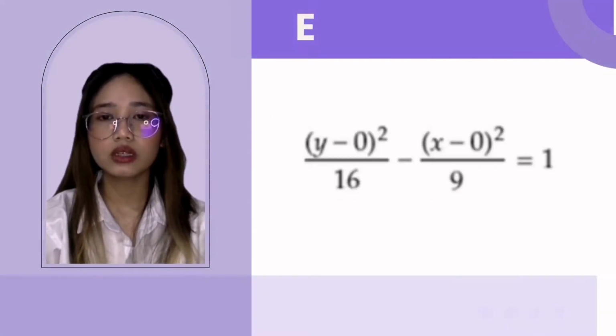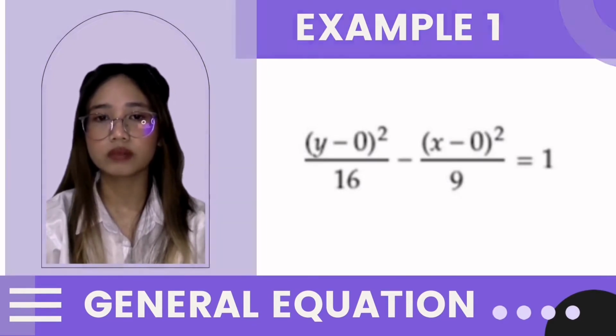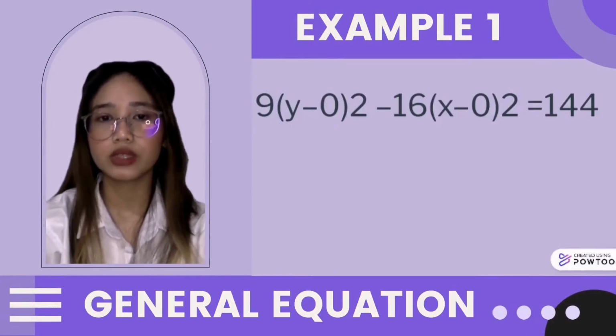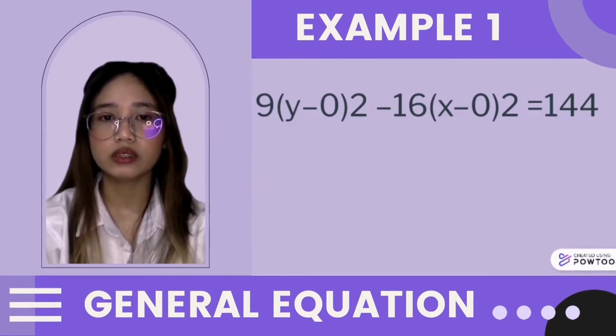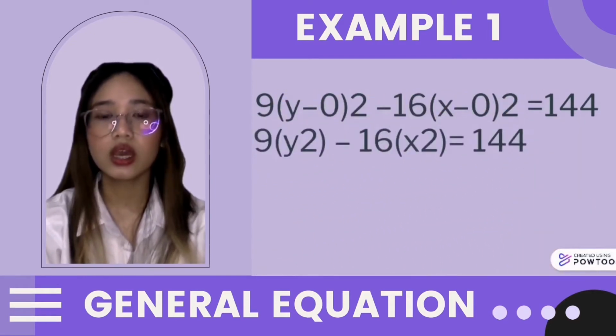So we'll get the common denominator, 16 times 9. So the answer is 144. So now, let's proceed to solving the general equation. 144 divided by 16 is 9. So 9 (y minus 0) squared equals 16 (x minus 0) squared equals 144.